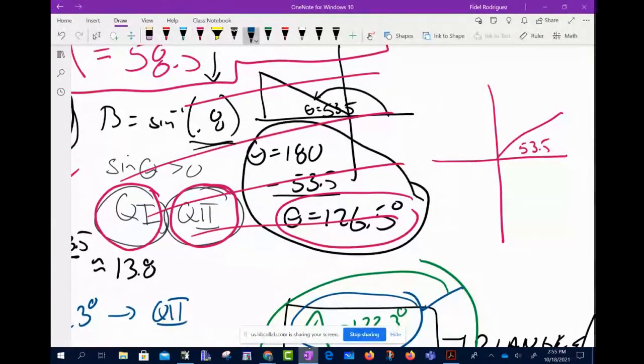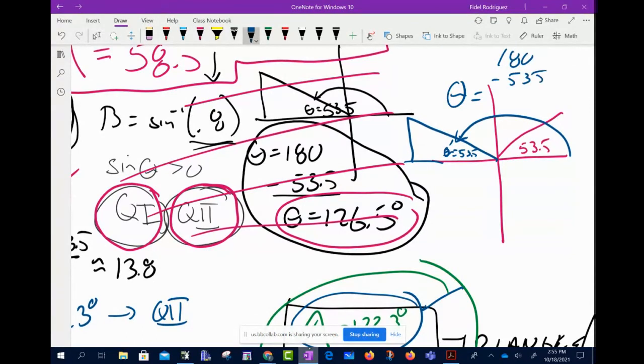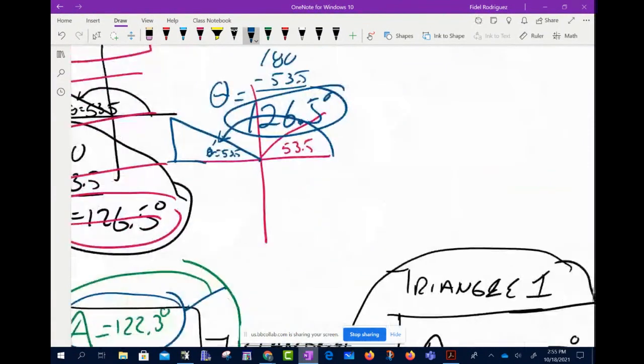And I said, it's possible for us to have this angle here being 53.5. So what would the real big angle, my theta prime, what would my theta be? We said, let's go 180 minus 53.5, and the number we came up with, that big angle, was 126.5 degrees. But again, remember, in a triangle, all the angles have to add up to 180 degrees.